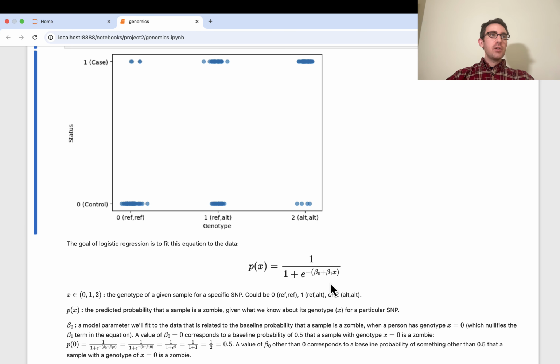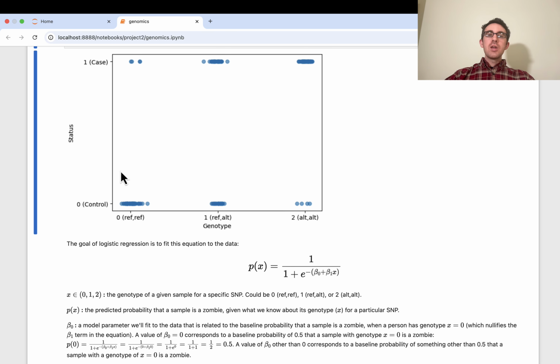So if we have a new sample where we don't know if the person is a zombie, or if we know that they got bit by a zombie but we don't know if they turned into a zombie or not, can we predict if they're a zombie or normal based on their genotype using this equation, and get some probability on whether or not they'll turn into a zombie after being bit?